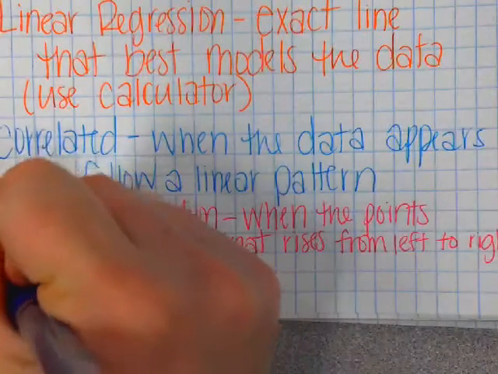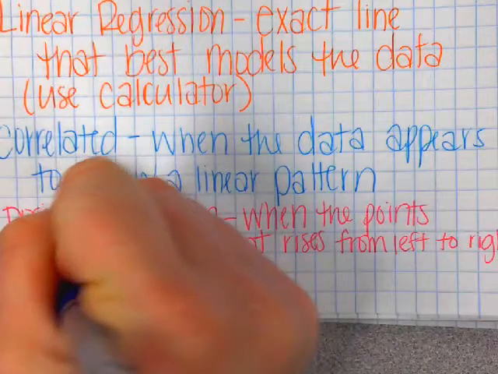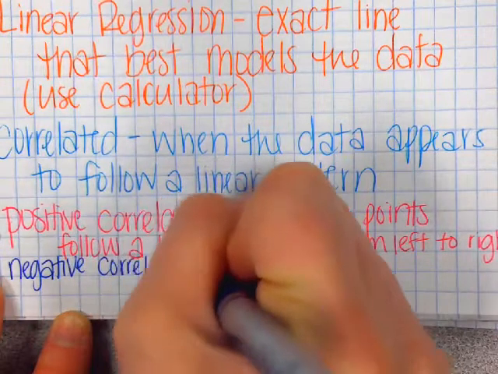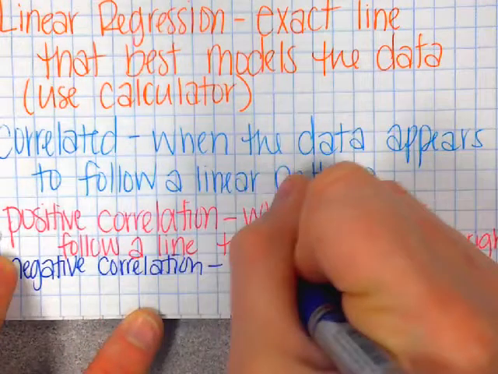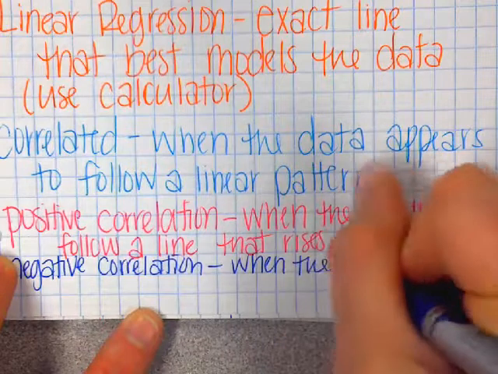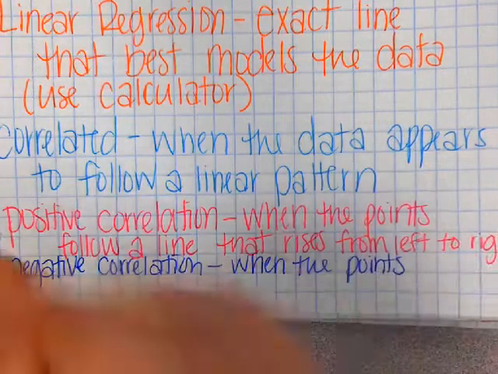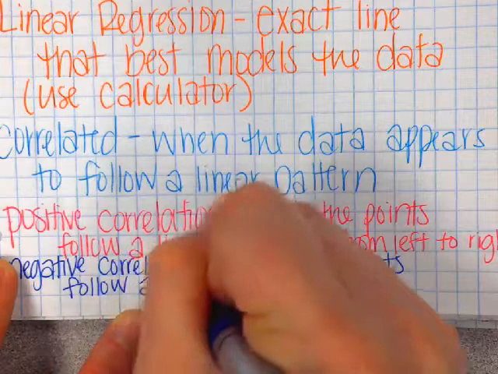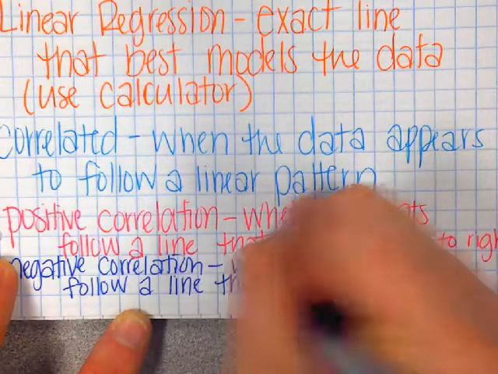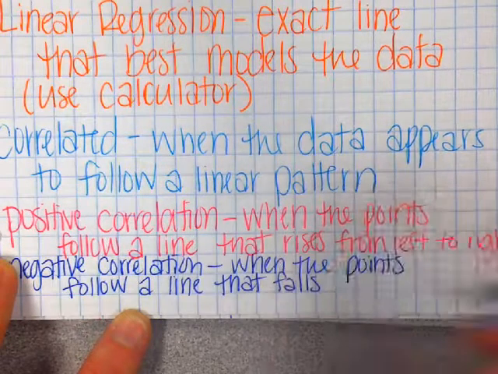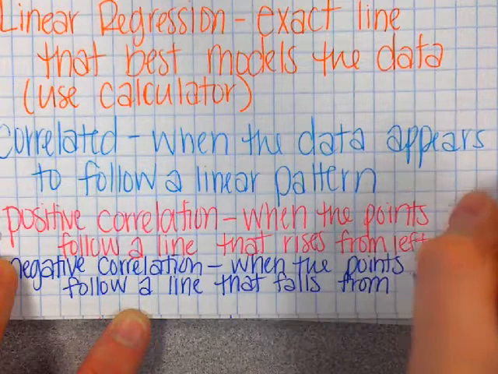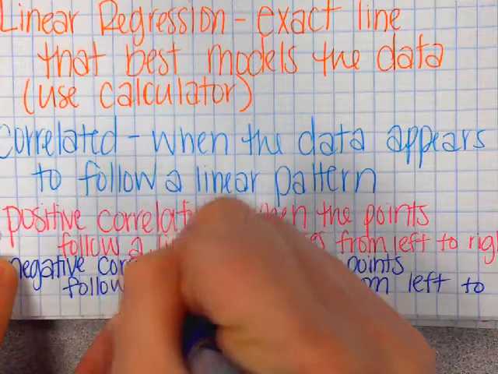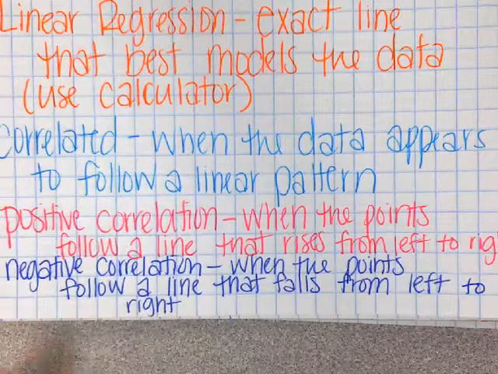Okay, and then the last one, let me see if I can fit it on here, is a negative correlation. It's when the points follow a line that falls from left to right.